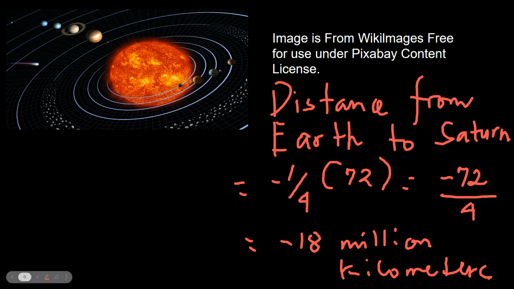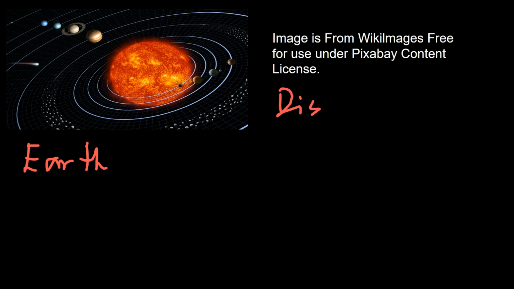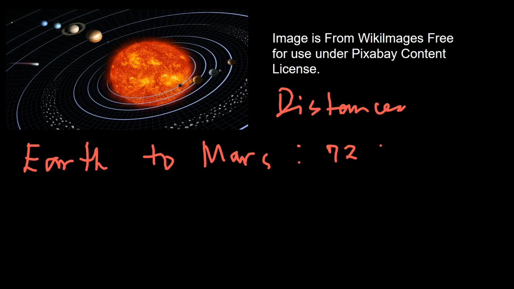So let us just put them as one. Since we're talking about distances, a while ago we have the distance from Earth to Mars, which is 72 million kilometers.